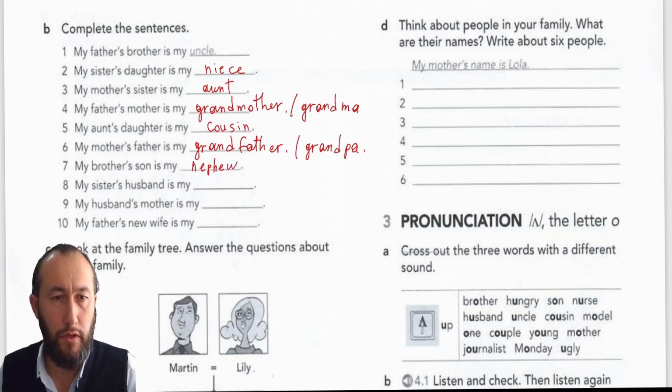Nephew. My sister's husband is my brother-in-law. So we're gonna write brother, and then we're gonna put hyphen, and then we write in, hyphen again, and then law. Okay, it's like legal brother.